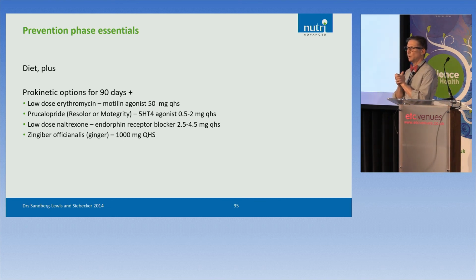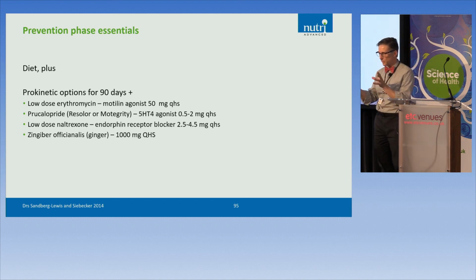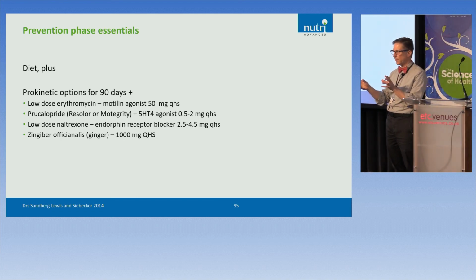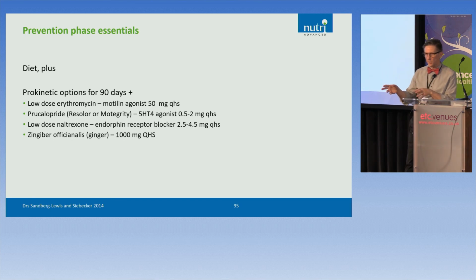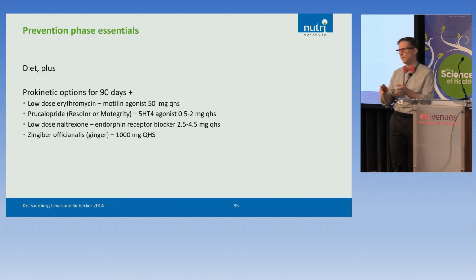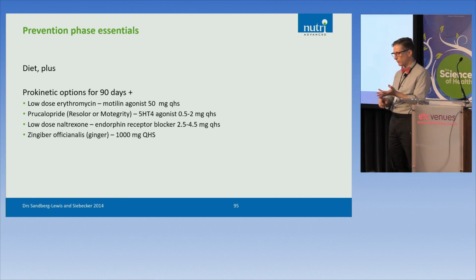Some nutraceutical company decided they were going to look at all the research on natural products that might help with motility for the large bowel and the small bowel. And they made a combination of ginger for the upper gut, 5-HTP and P5P for the serotonin receptors in the large gut, and acetylcarnitine as a precursor to acetylcholine. Sometimes we use that, and it also had the ginger, like I said.